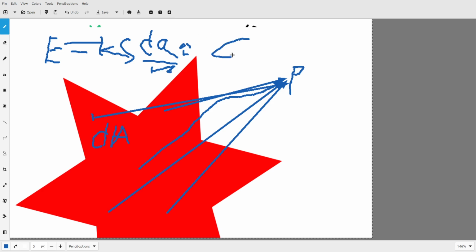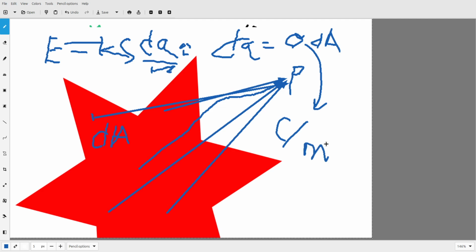But now for an area, dq, sorry about my handwriting, is going to be sigma, small sigma, dA, where sigma is the area charge density. The units for sigma are coulombs per square meter in MKS, charge per unit area.